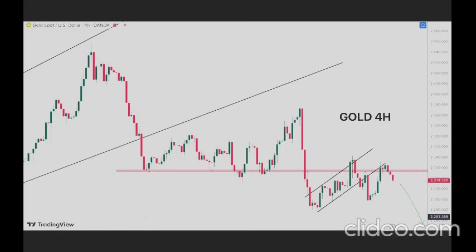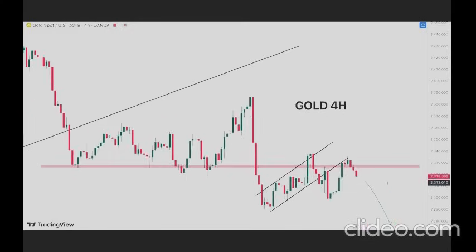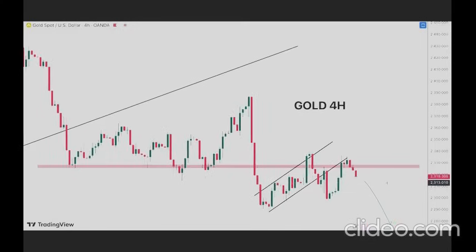So this would be the analysis that we did for gold, and look at how the market played out, guys.